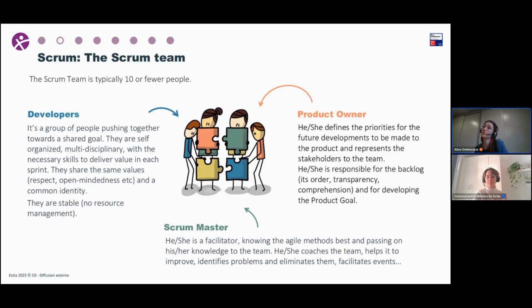After that, there is also the product owner and the Scrum Master. So the product owner is the person who will define the priority for the project. So what are the next things to develop, to implement in this project? It is the person who represents the user and who discusses with the user, and also with the developers, in order to explain what is the need of the user.